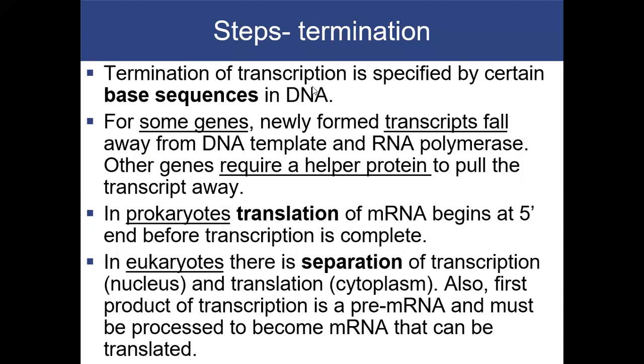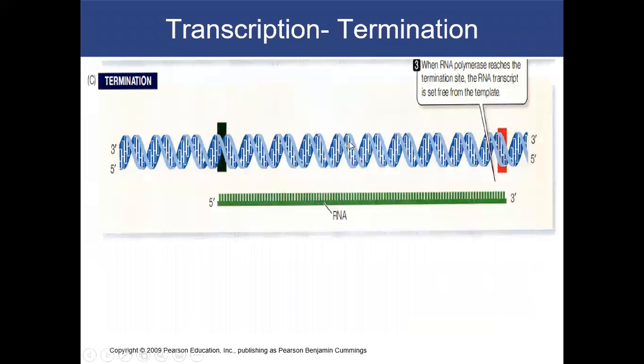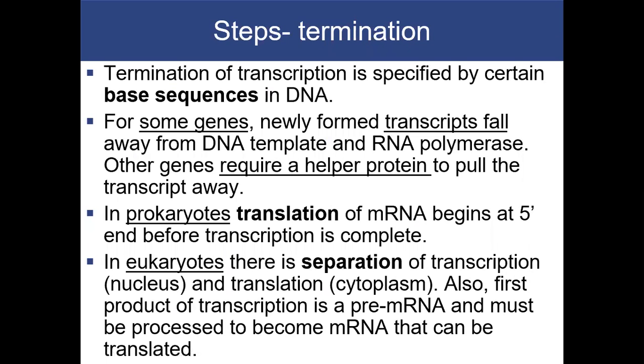Now the termination. Termination is specified by certain base sequences. Let me just move to the illustration. So you have the illustration here. Where you see this red line, there is a particular sequence, as you know by now, or you should know by now.